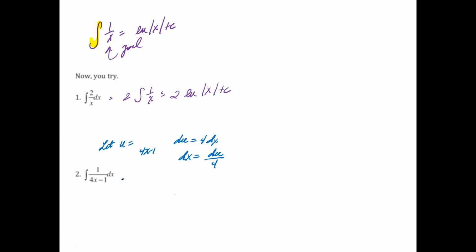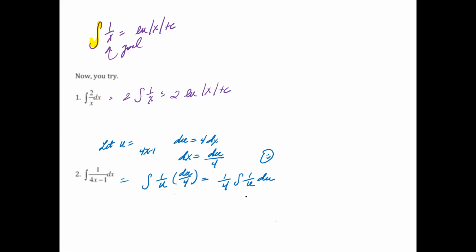So let's rewrite this: integral of 1 over u, replace your dx with du over 4. Move the 1 over 4 over to the left, which is the integral of 1 over u du, which is perfect because it is in terms of u and it's 1 over u.